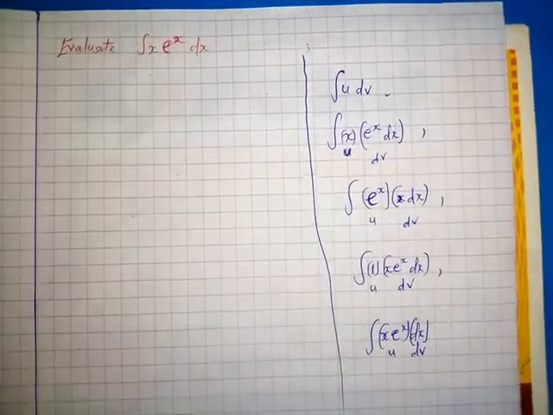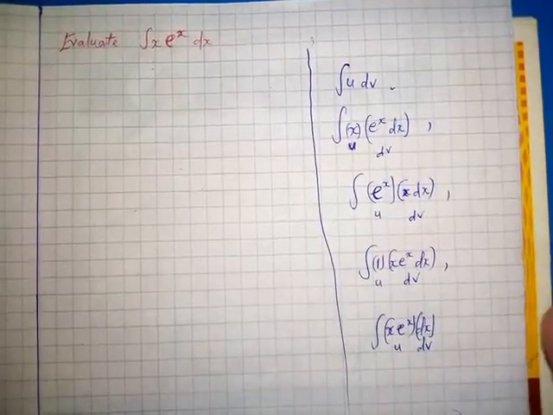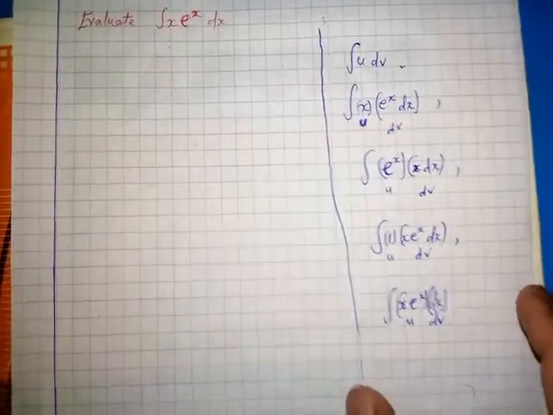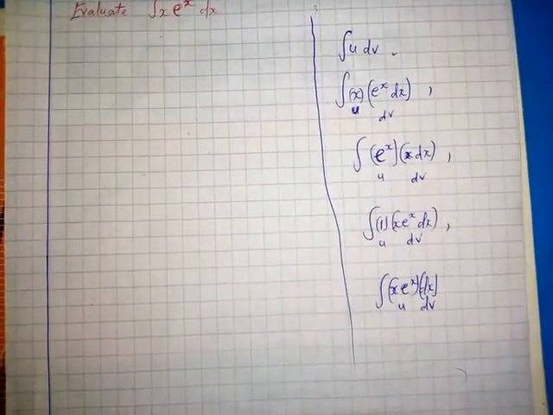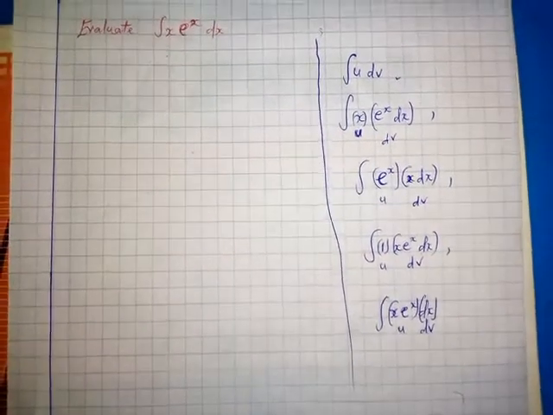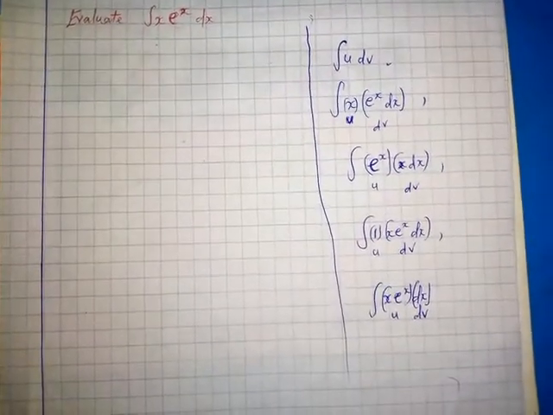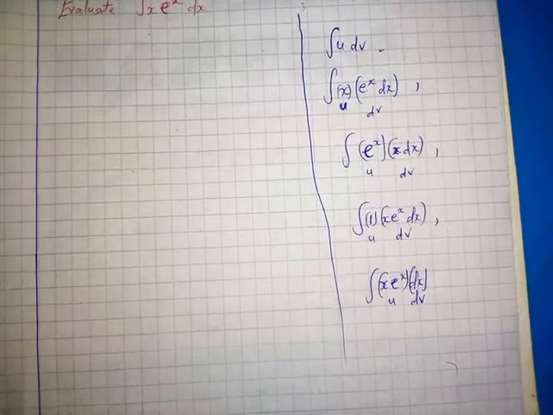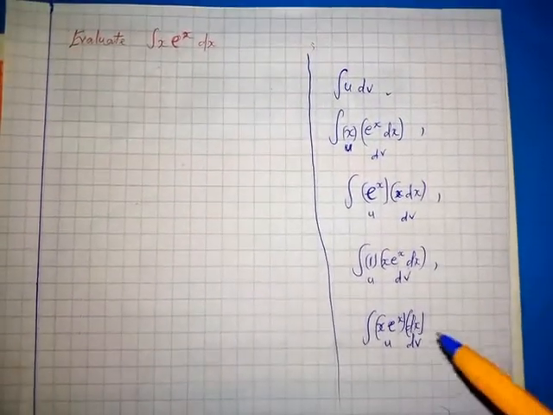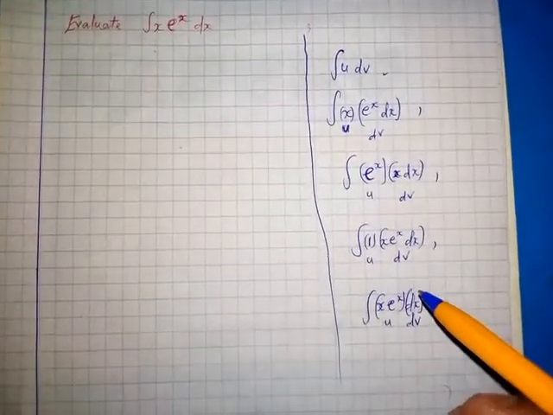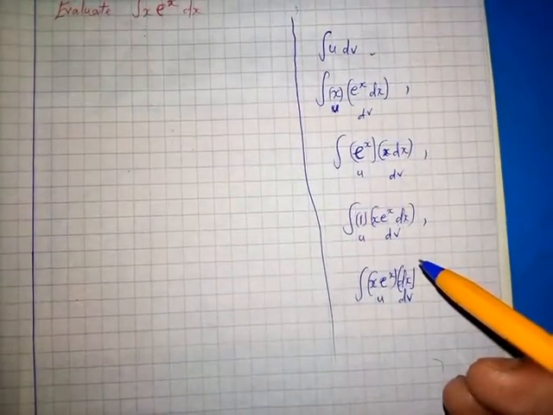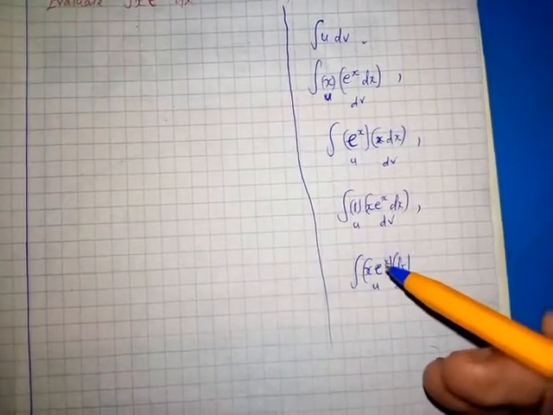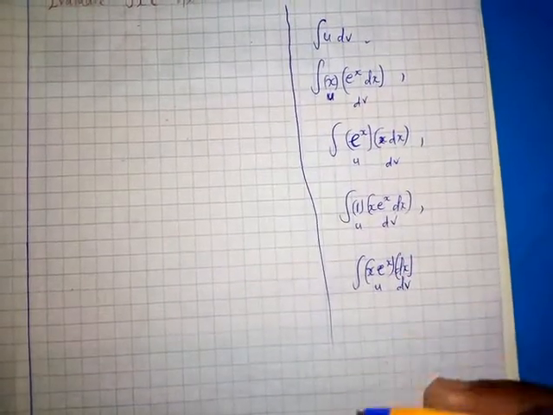The rules that we learned in our previous video. We had the guidelines: try letting dv be the most complicated portion of the integrand that fits a basic integration rule. Then u will be the remaining factors of the integrand.